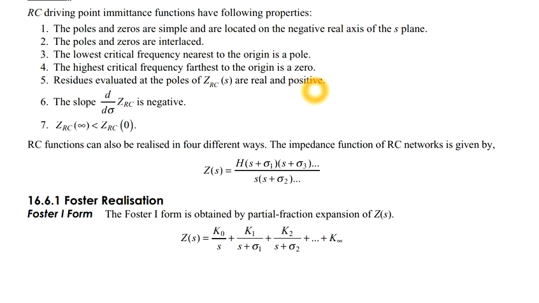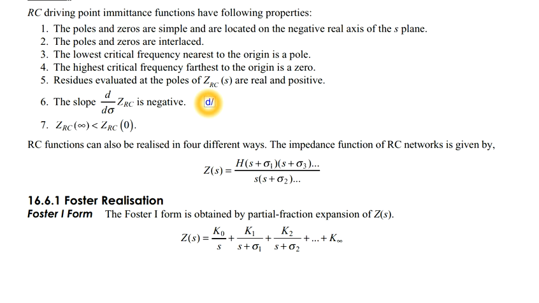Next, the fifth one says that the residues evaluated at the poles of the RC function must be real and positive. And the slope d by d sigma of ZRC is negative. This is a bit tricky, so let me write this clearly. How to determine this d by d sigma of ZRC?